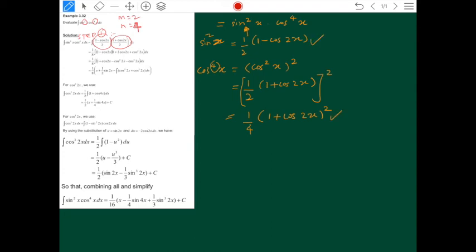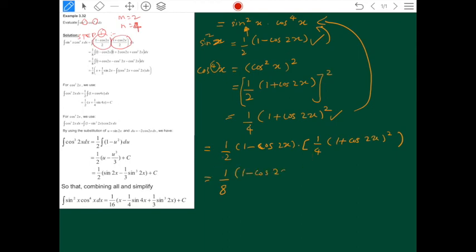Now if we combine this together into the original equation, you should get half 1 minus cos 2x times 1 over 4, 1 plus cos 2x power of 2. You will get 1 over 8, this one can be multiplied together, 1 minus cos 2x times 1 plus cos 2x squared.